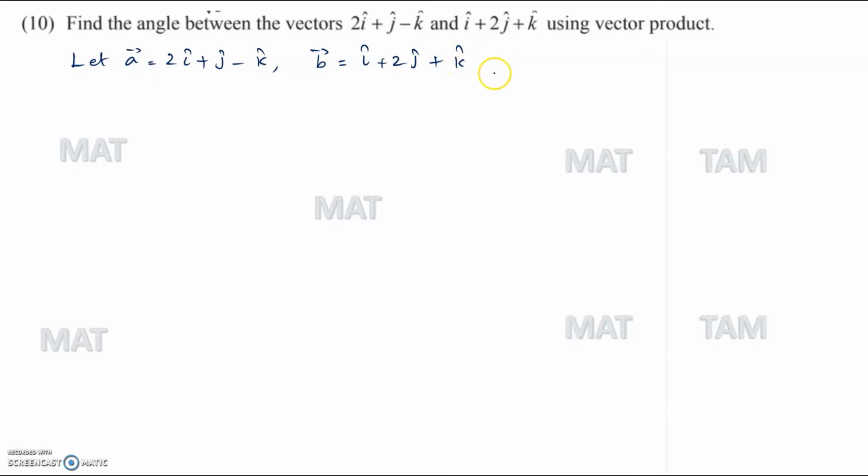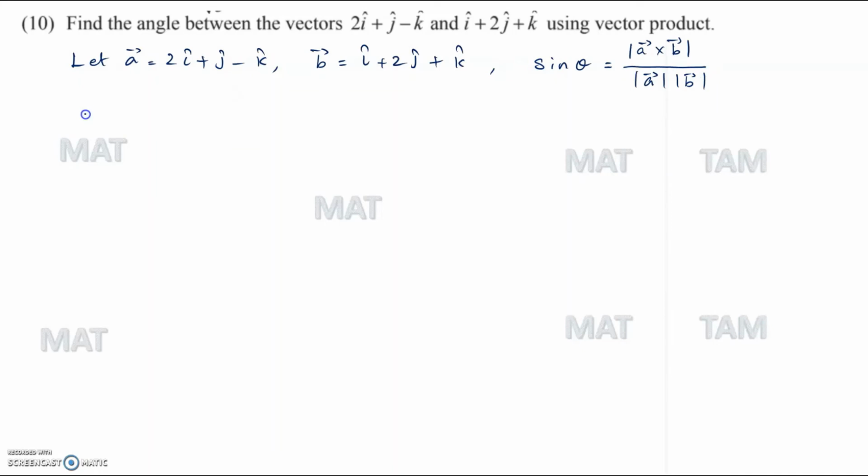Now the angle theta can be defined using the formula sine theta is equal to the magnitude of A cross product with B divided by the magnitude of A into the magnitude of B.